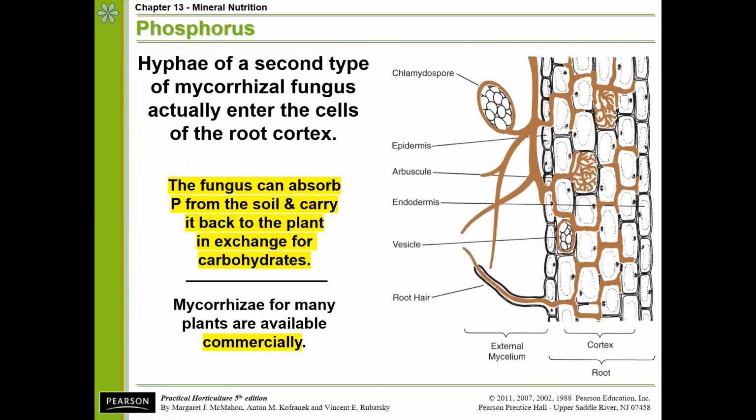So again, it's another one of these mutualistic situations where the plant supplies the photosynthates and the fungus supplies phosphorus, not by fixing it, but by linking it to organic matter or mineral sources in the soil. And as I mentioned, mycorrhiza is available commercially.